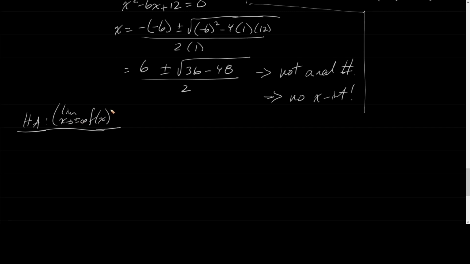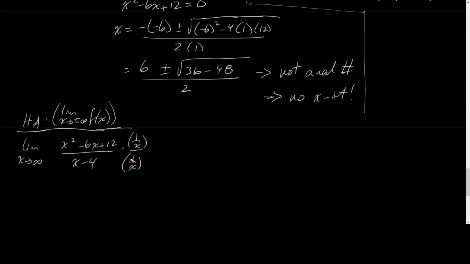So if I take the limit as x goes to infinity of x squared minus 6x plus 12 over x minus 4, well, what I need to do here is multiply by 1 over x over 1 over x, right? The reason for that is because I can't just plug in infinity. I end up with infinity over infinity. That doesn't tell us anything.